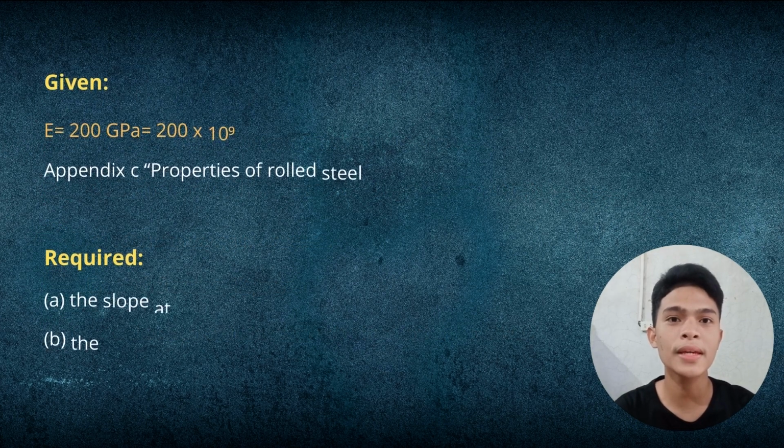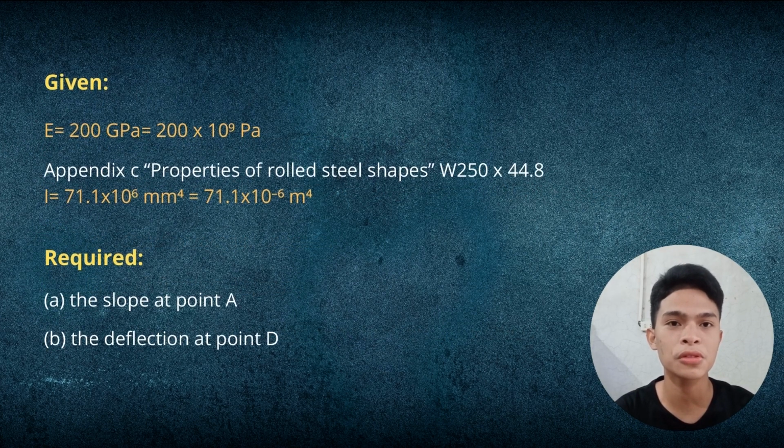For the given, we have E or Young's modulus, which is 200 gigapascal or 200 times 10 raised to 9 pascal. From Appendix C, properties of rolled steel shapes, the moment of inertia or I of the beam is 71.1 times 10 raised to 6 quartic millimeter or 71.1 times 10 raised to negative 6 quartic meter.